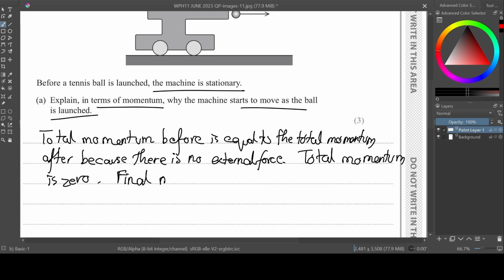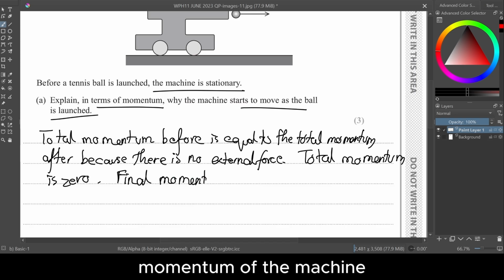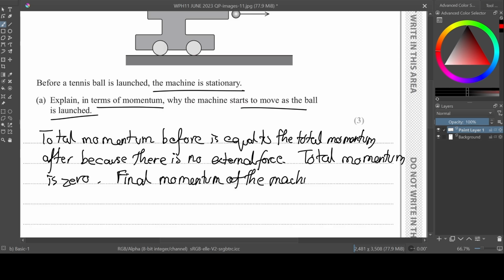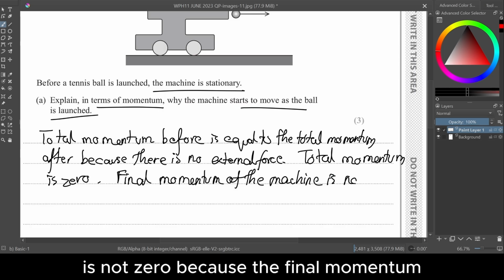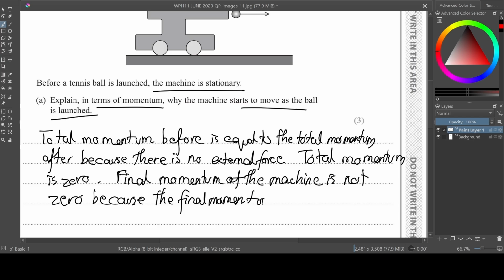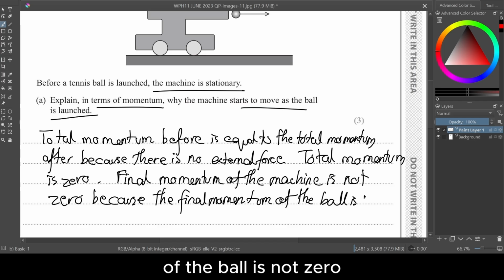Final momentum of the machine is not zero because the final momentum of the ball is not zero.